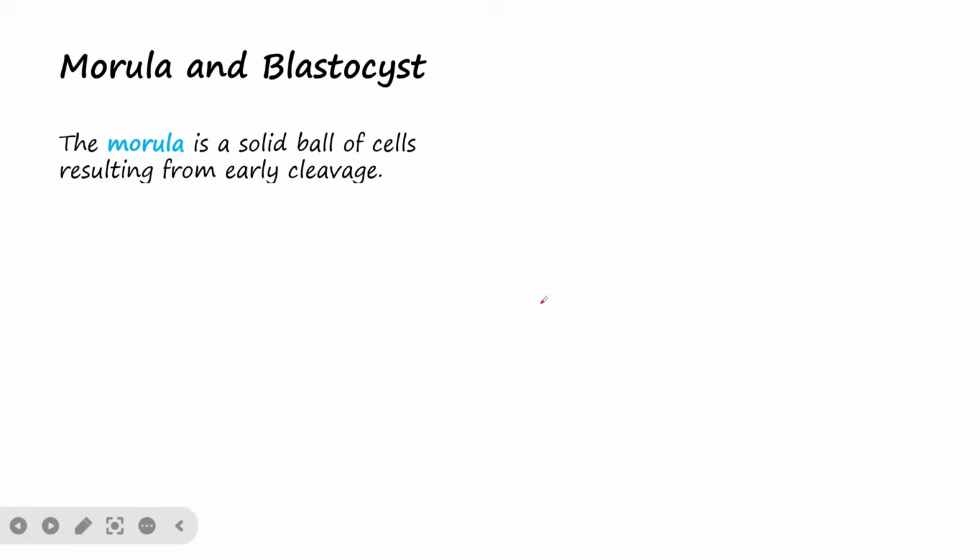The morula is a solid ball of cells resulting from early cleavage. So as a result of early cleavage of the zygote, a morula is formed, and this morula contains about 8 to 16 cells, smaller than the original embryo.